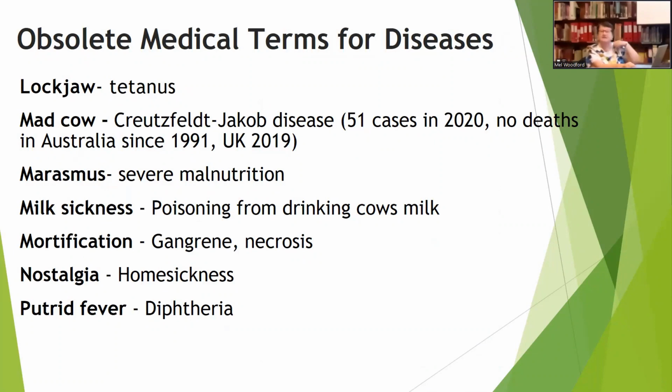But the UK has had deaths from mad cow disease, which is unfortunate. And the last one was in 2019. Marasmus is severe malnutrition. Nostalgia, homesickness, and they say that you can die from that. Putrid fever is diphtheria.